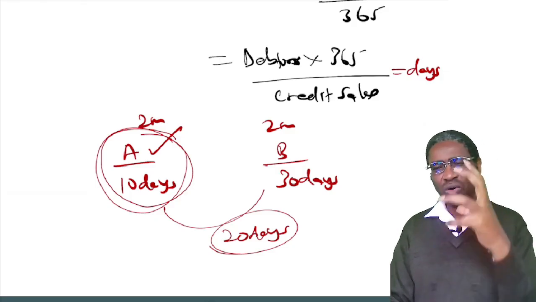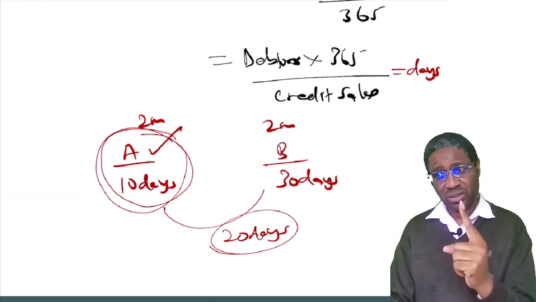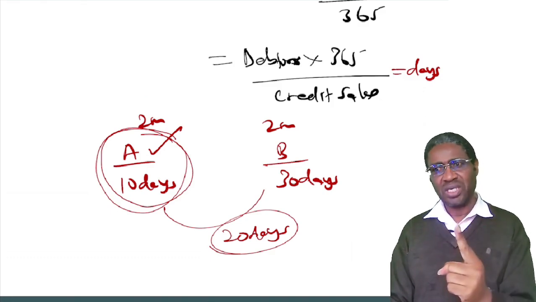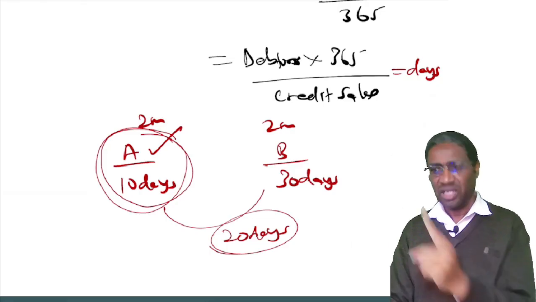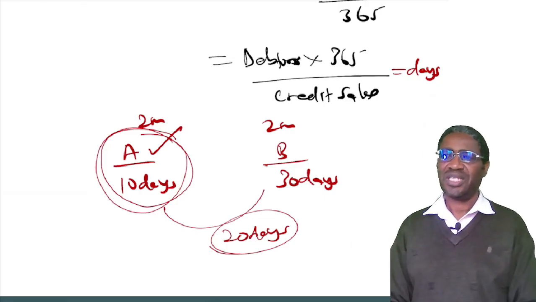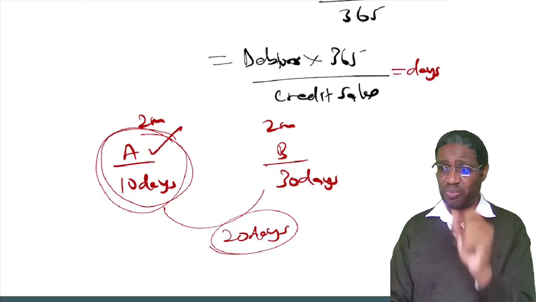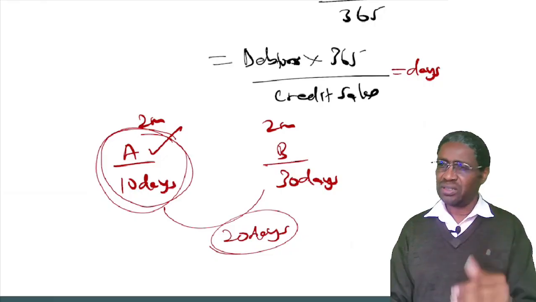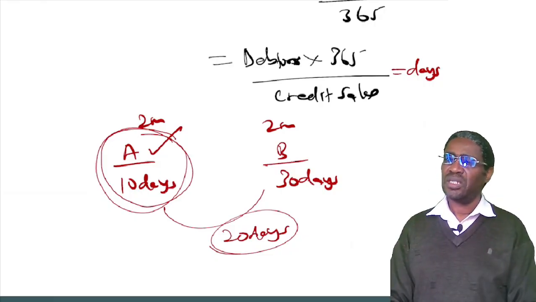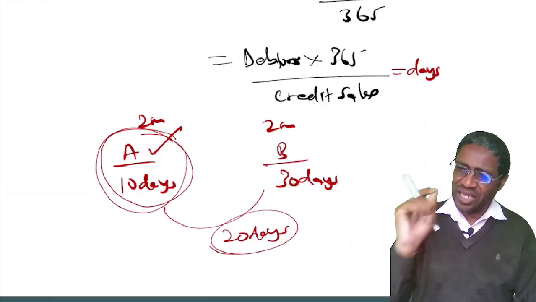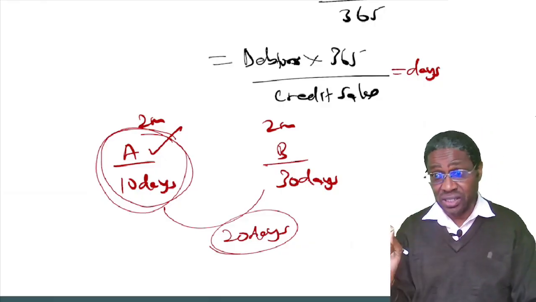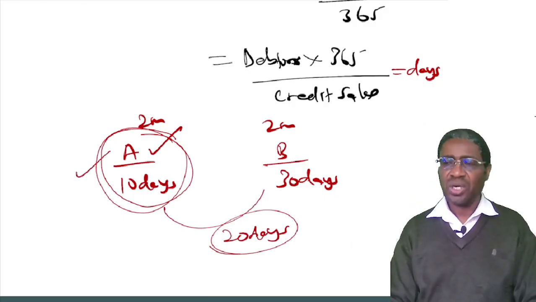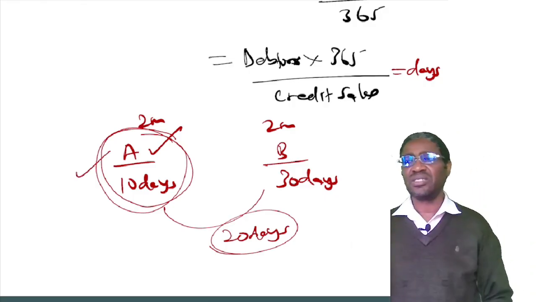The longer the period you give your customers to pay you, the higher the chances they may not end up paying you. We normally say the longer the period, the higher the chances of bad debtors arising, as compared to the shorter period, where the chances of bad debtors arising are low.